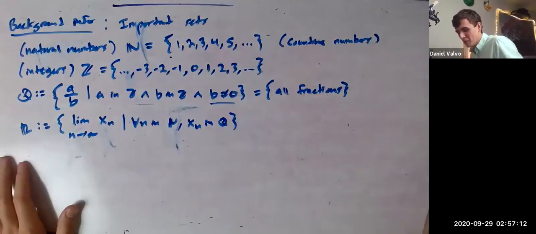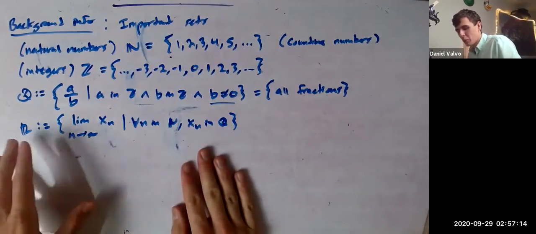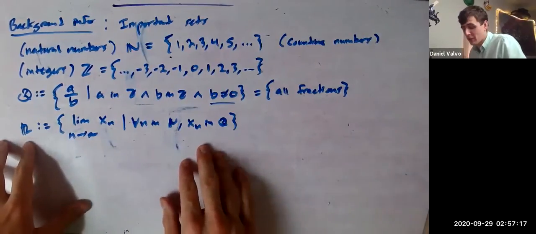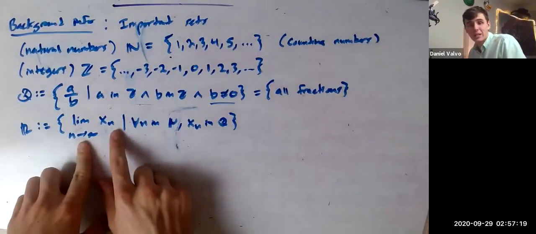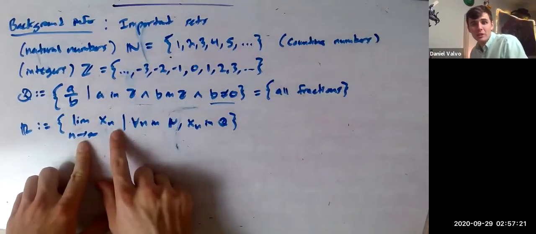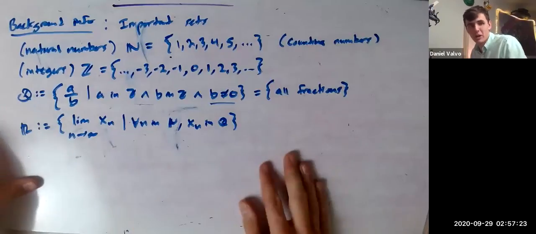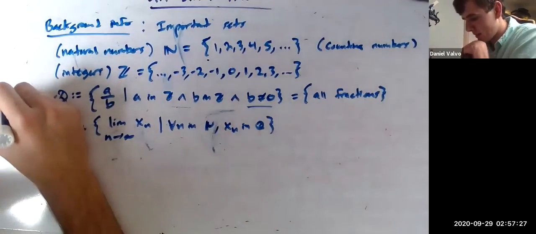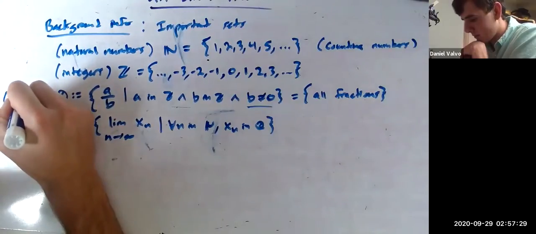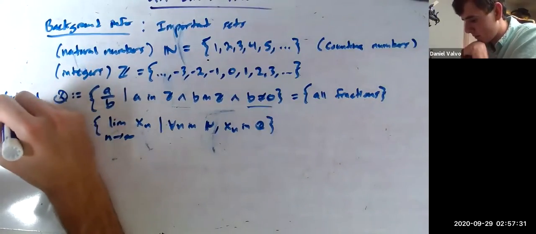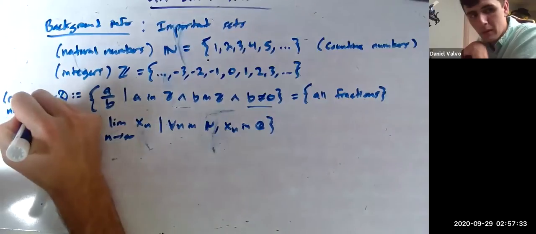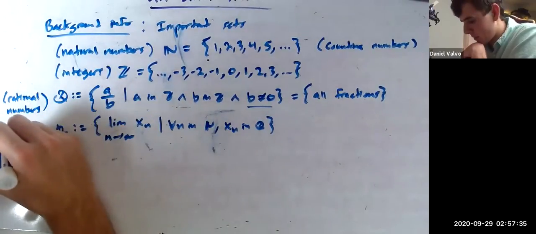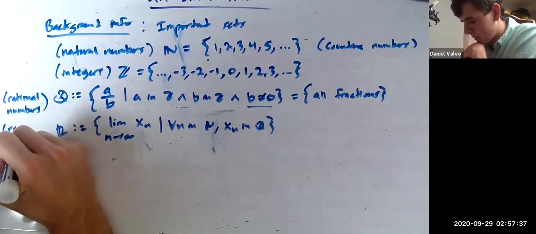So what this means is that the real numbers are the set of everything that's a limit of rational numbers. So any sequence you can make with rational numbers, oh, I should call these rationals, by the way. These are the rational numbers, and these are the real numbers.